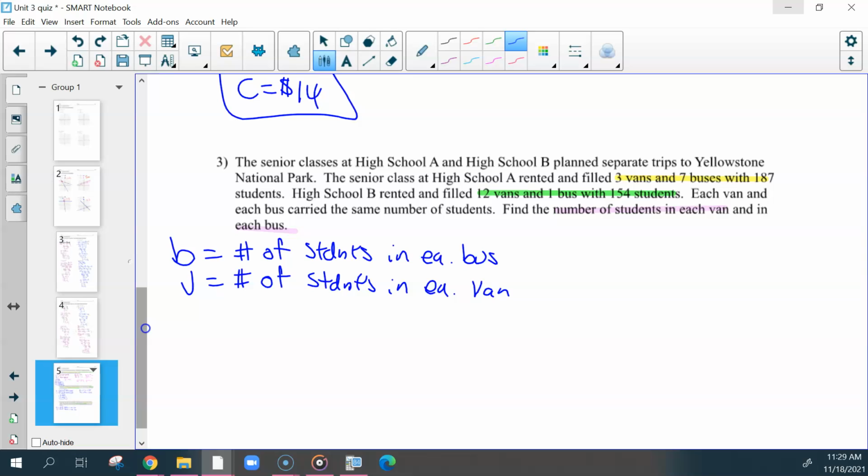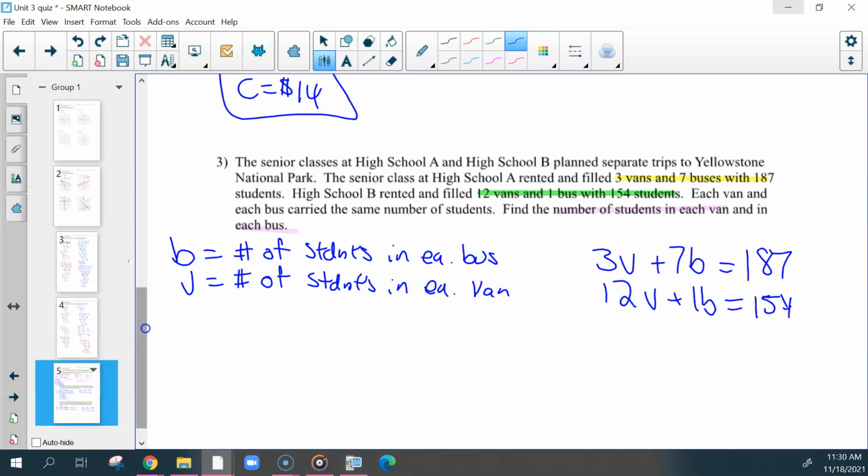Totals, it tells us the total number of students, so 187, 154, we could start there. To get the total number of students, we would need to know the number of students in both vans and buses, and how many vans and buses there were for both high schools. So 3B and 7V, 12B, and 1B, or just B would be how you set those up.